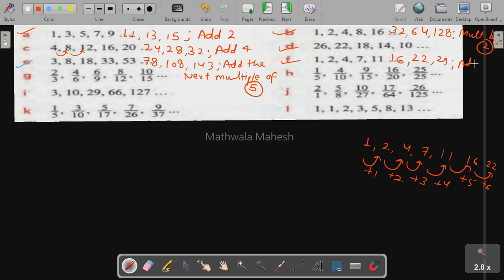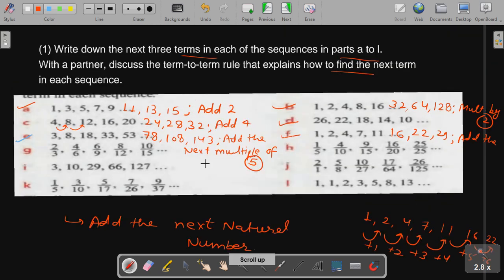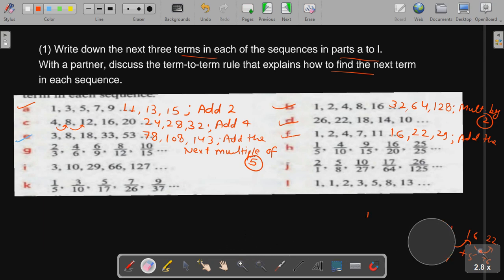And we will add 7. This means we add the natural numbers. Okay, this is the option, and this is the rule we have applied. Okay, moving to the next one.